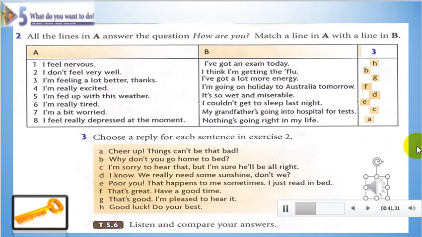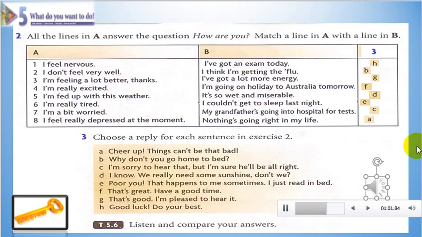5. I'm fed up with this weather. It's so wet and miserable. I know. We really need some sunshine, don't we? 6. I'm really tired. I couldn't get to sleep last night. Oh, poor you. That happens to me sometimes.